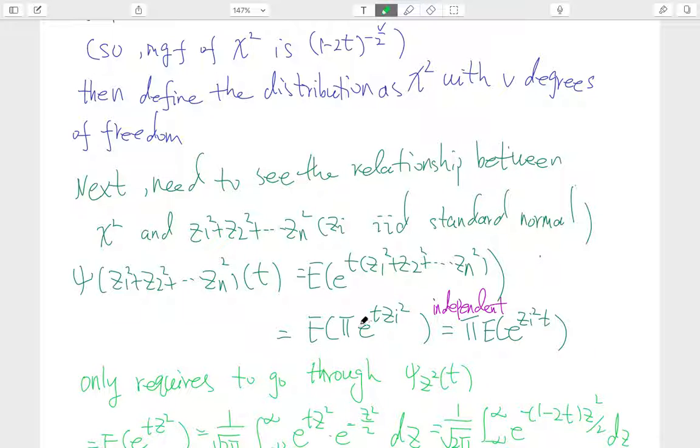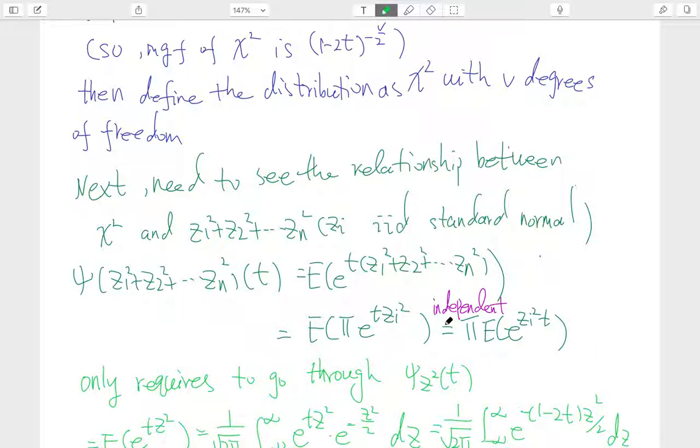And from this step to this step, this is an inner manipulation. Whenever there's a sum added up on the power of such kind of function, it equals the product of the separate segments multiplied together.